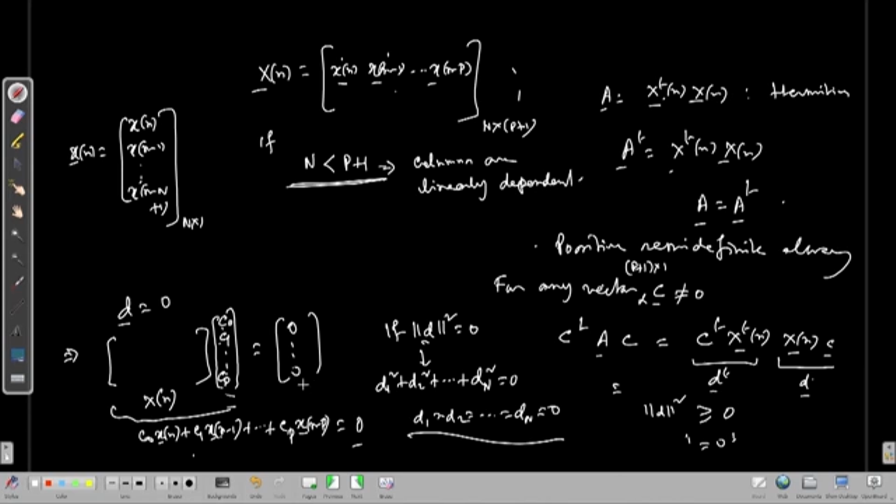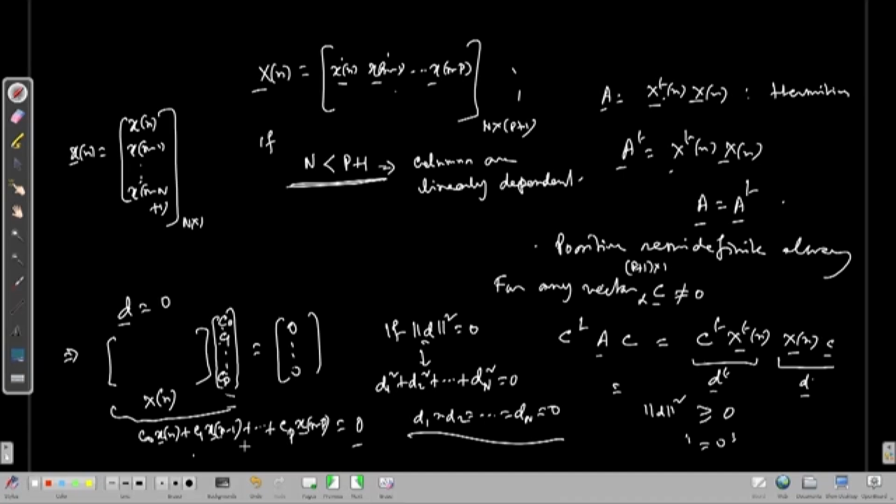There will be some linear relation between the columns, and by appropriately choosing c0, c1 to cp, you can find a linear combination d, that is X_n times c, equal to 0 even if c is non-zero.